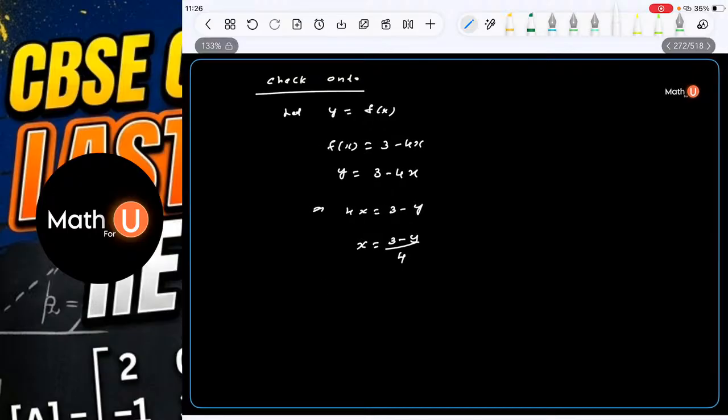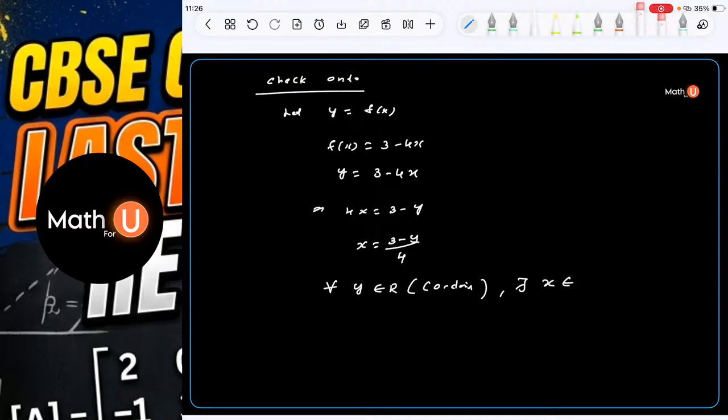See, there exists a y belonging to the real numbers, it is in the codomain. There exists an x, where x is equal to (3 minus y)/4, which belongs to the real numbers.